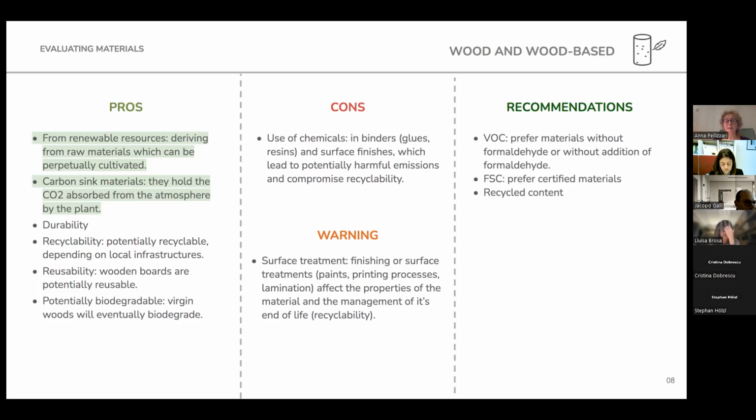So as long as they are traced and sourced in a responsible way, and as long as they are finished with low-emission materials, they are, generally speaking, good materials. The warning is clearly surface treatments and the chemicals contained in binders, in glues and everything. That's an area where most material manufacturers are working to reduce that type of chemical impact.